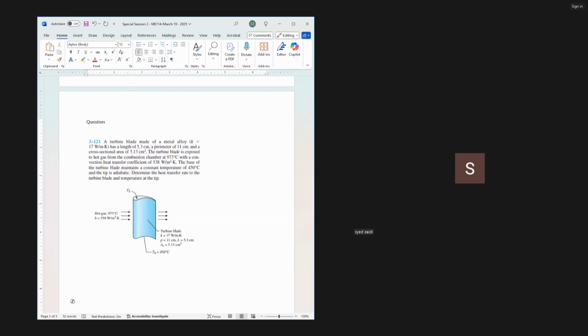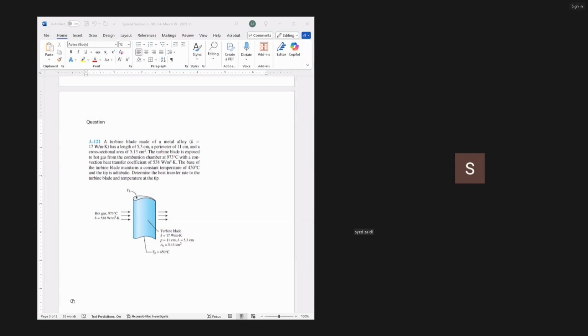So what do you think is the way to solve this question? Obviously, first thing I will urge you to understand the question and what we actually want to do.